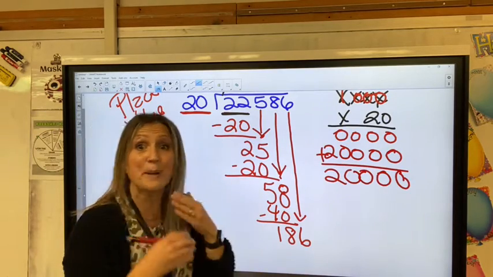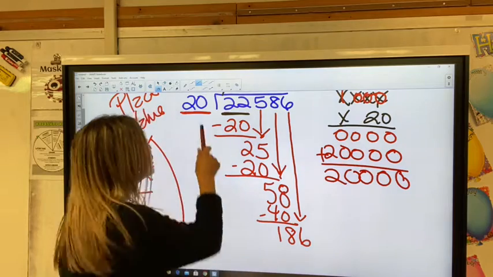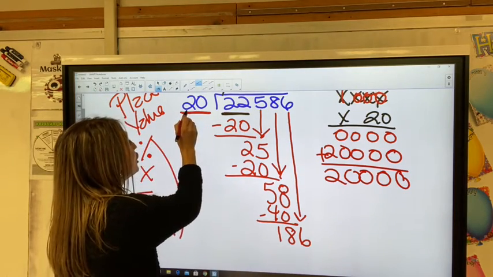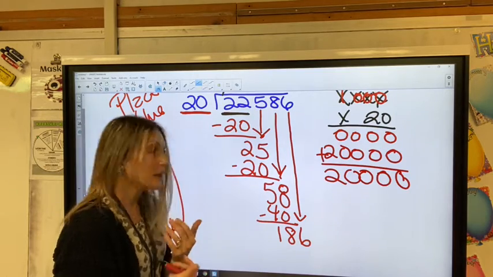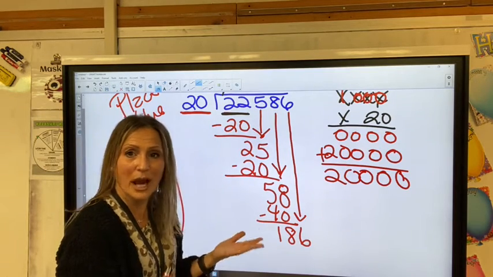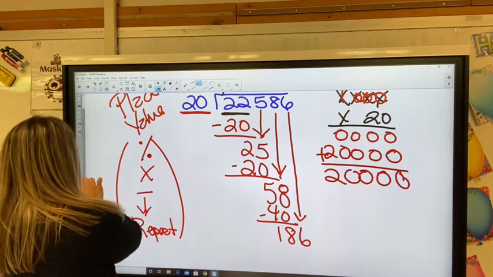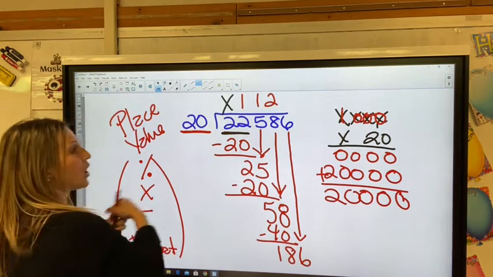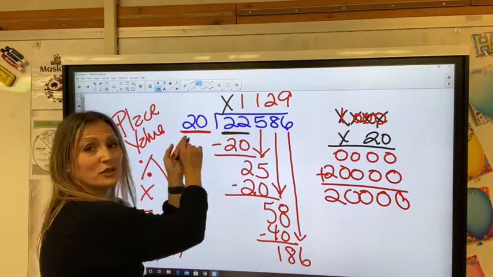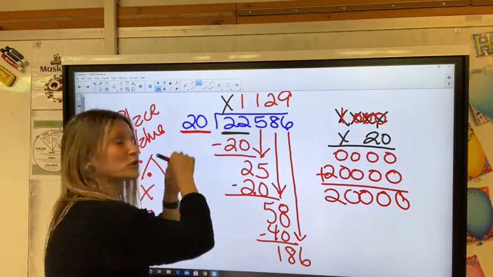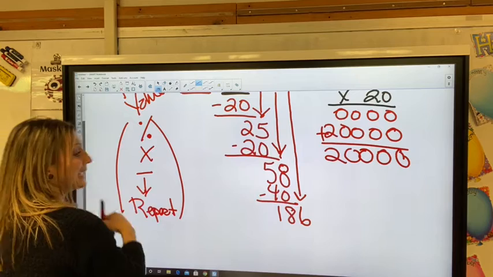And this is back to compatible numbers. Do you know anything times 2 that might give me a 1/8 at the front of it? Well, hopefully, sixth graders, you know 2 times 9 is 18. So the best number for me to start with in my quotient is 9. Because 9 times 2 is 18. So 9 times 20 must be 180.